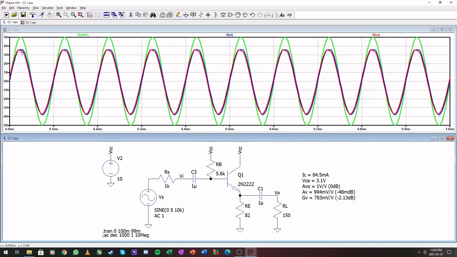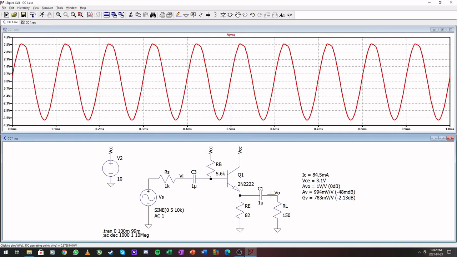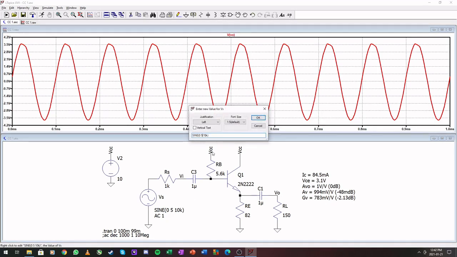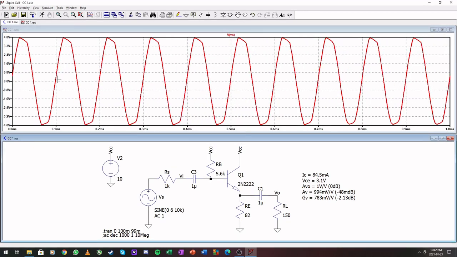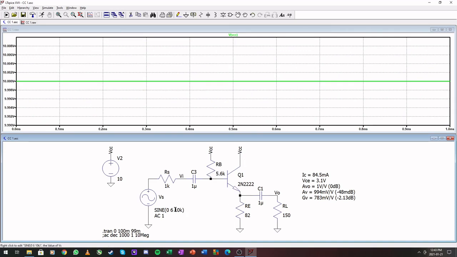Now if we make this input much higher at 5 volts, we will start to see that the output here is starting to distort. And that is due to our VCE not being a decent value. So the output is very dependent on our VCE value. And there we start to have clipping. And this thing is supposed to be able to handle 10 volts peak to peak.